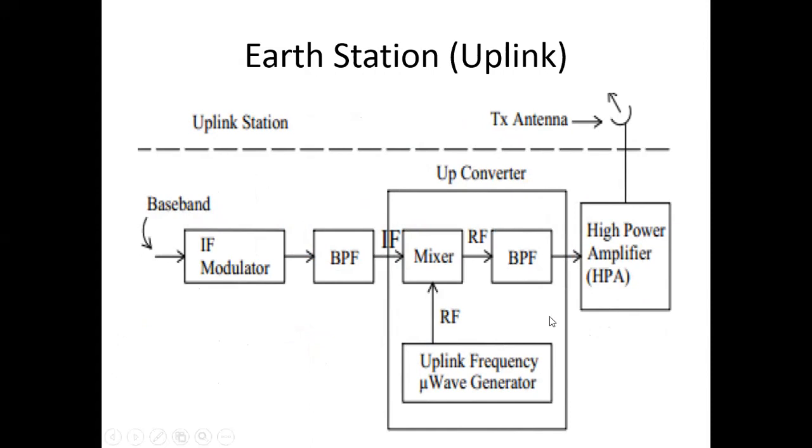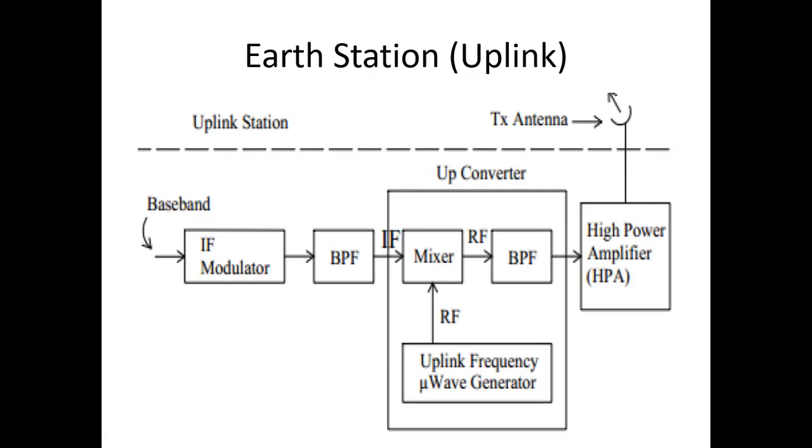When you send the signal from the earth station, of course you use a power amplifier with good capacity, because in satellite communication, in this example, we have the largest path loss. The satellite is far away.